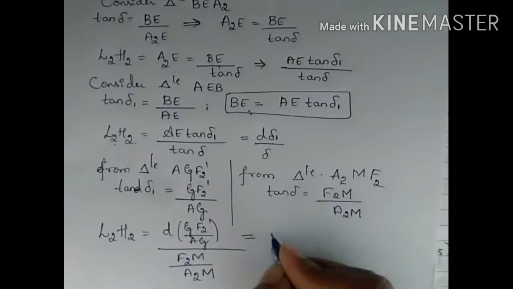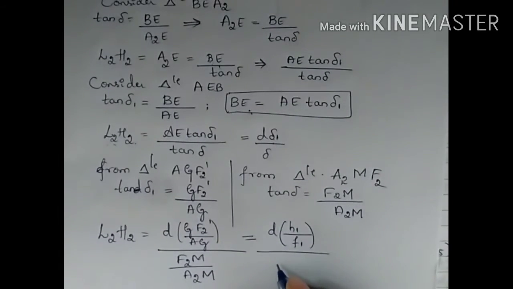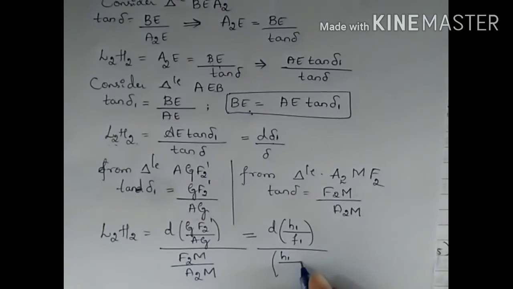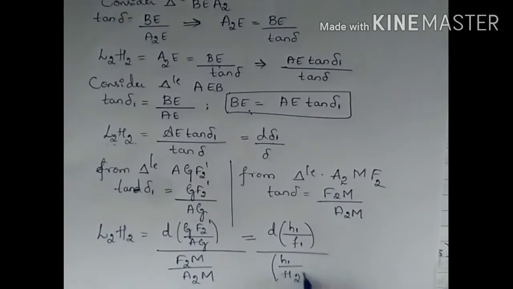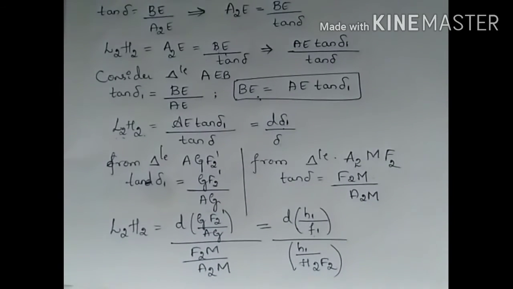Which is equal to d times h1 by F1, whole divided by h1 divided by H2F2. This we wrote by considering the ray diagram which we have drawn.